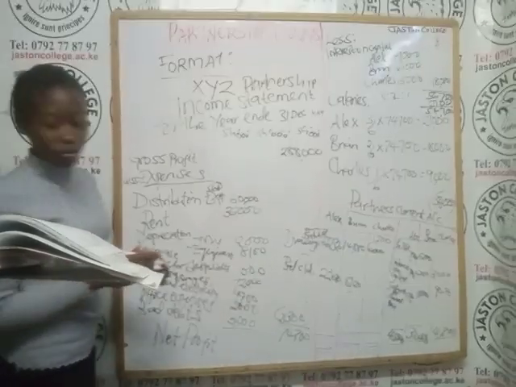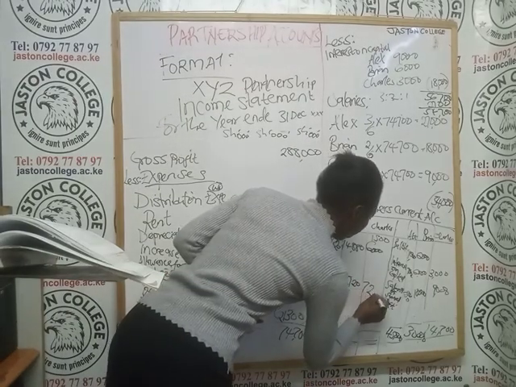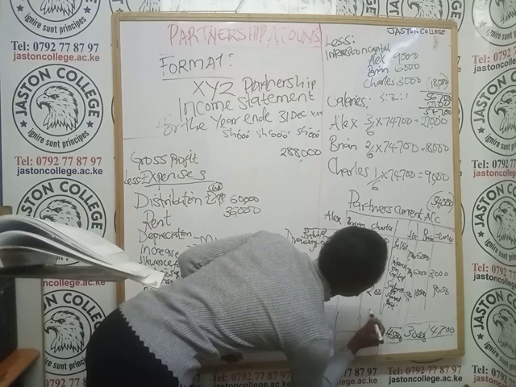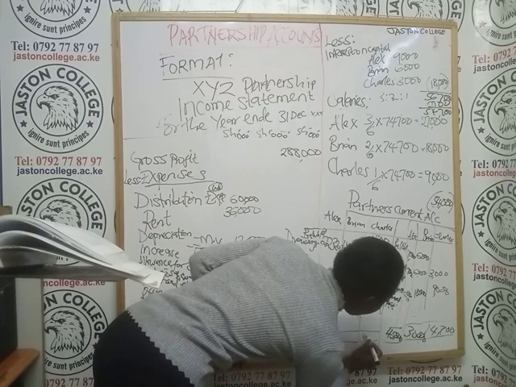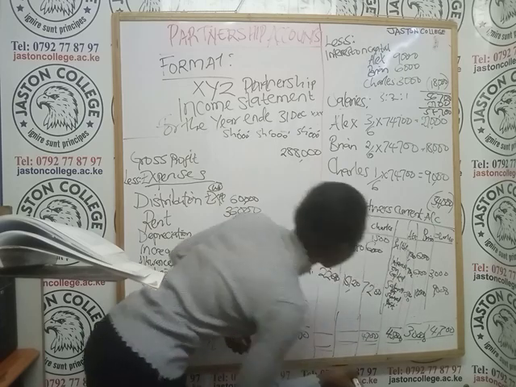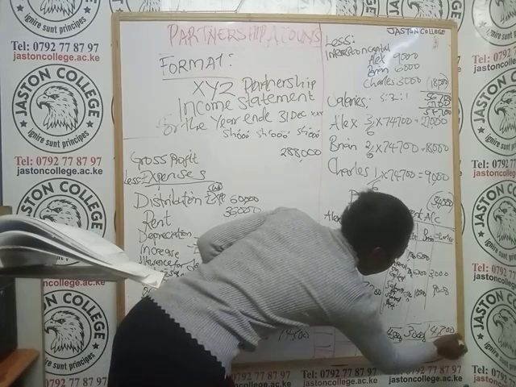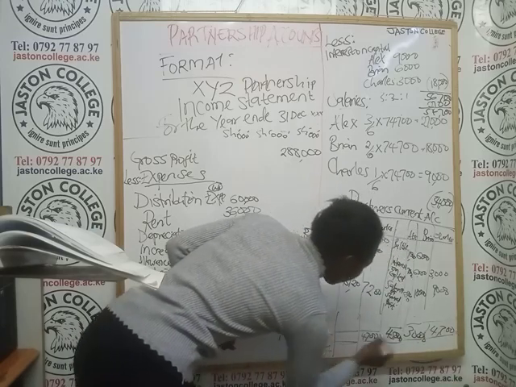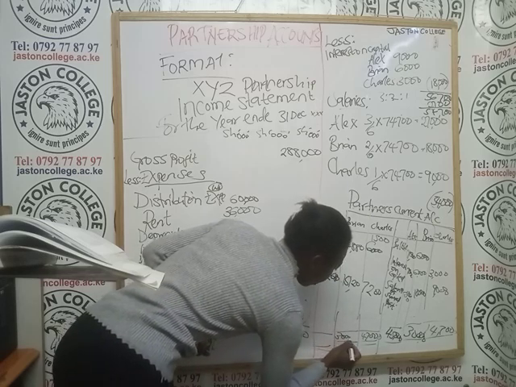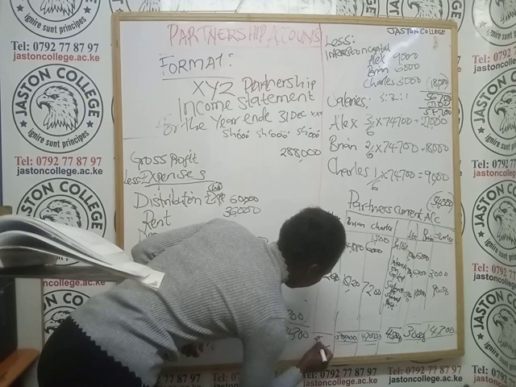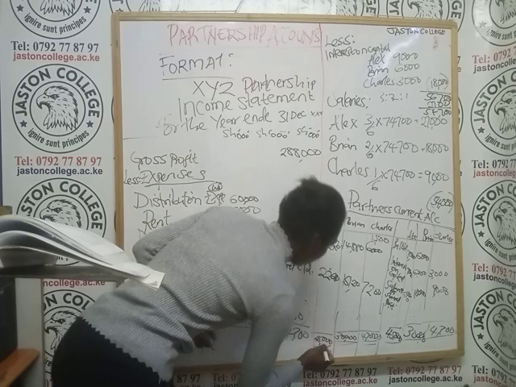And for Charles it will be 7,200. Now the totals will be 47,000, then 30,000 here, and 45,000.